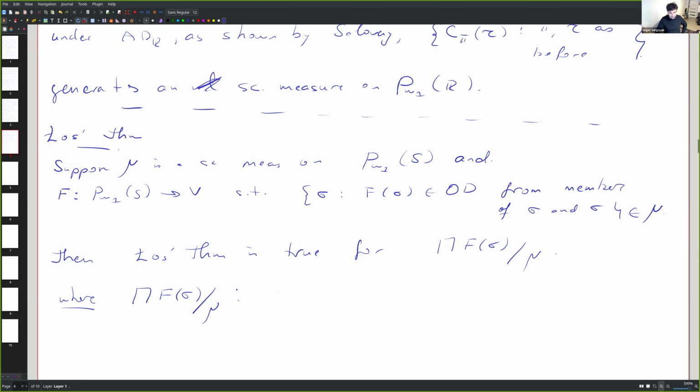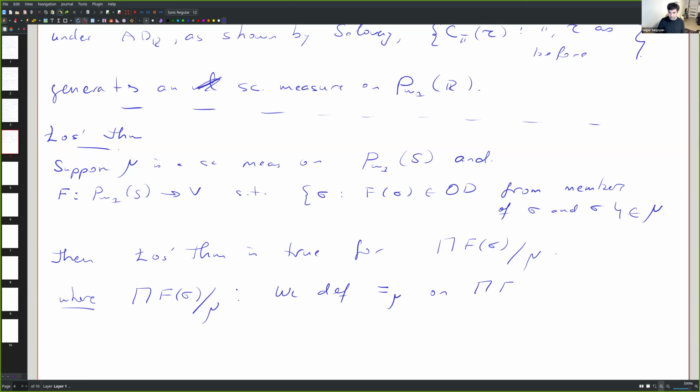So what is this, right? Given this, we define equality mod mu on the product of f of sigma. The product of f of sigma just means functions from sigma to there. Maybe I should say what that is.